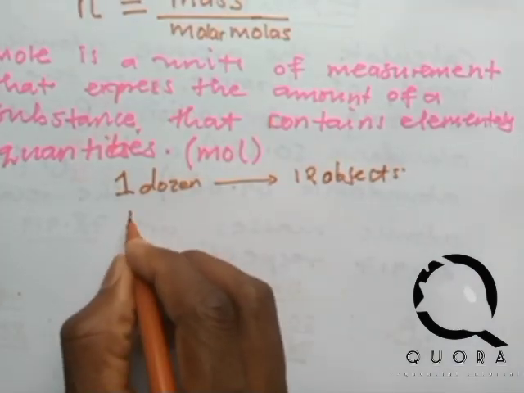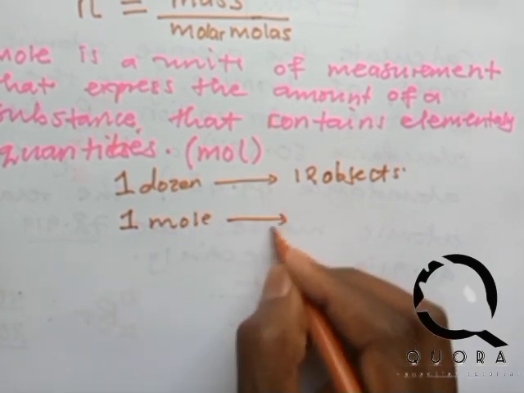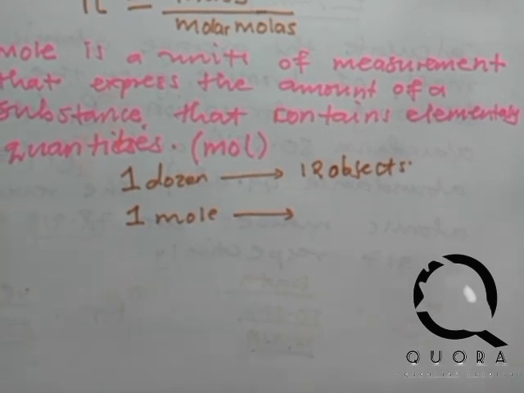One mole is equivalent to a certain number called Avogadro's constant. It depends on the quantities you are talking about. If you are talking about particles, one mole is equal to a certain number that I'm going to display here. Again, if you're talking about atoms, it is the same thing.